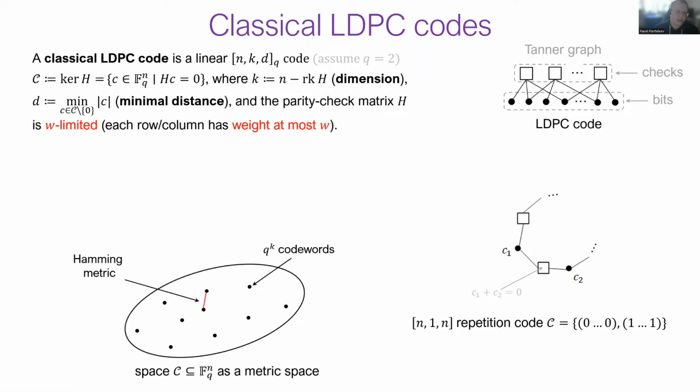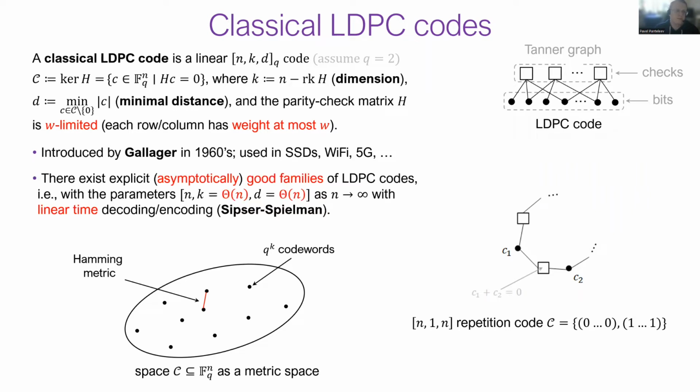It is helpful to consider classical codes as a subspace of the space F_q^n, and the distance has a simple geometrical interpretation as the minimum Hamming distance between different code words, elements of the space C. Classical LDPC codes were introduced by Gallager, and nowadays they are used almost everywhere.